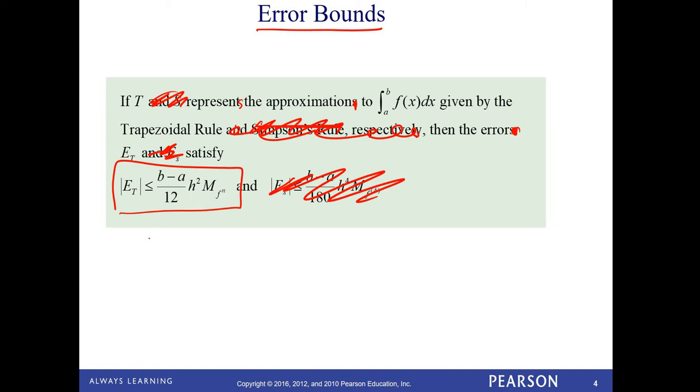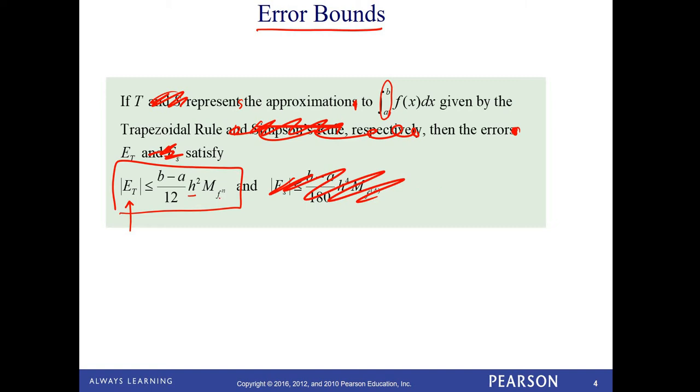So this means that the error, plus or minus, we're just looking for the absolute value of the error, I don't care if it's smaller or bigger, is always less than or equal to the length of the interval, b minus a, divided by 12 times h squared.